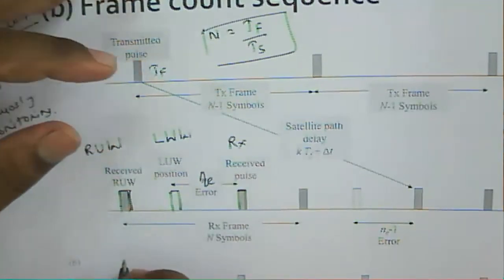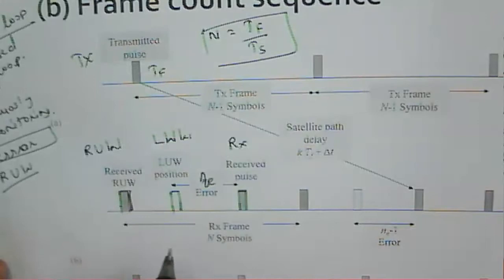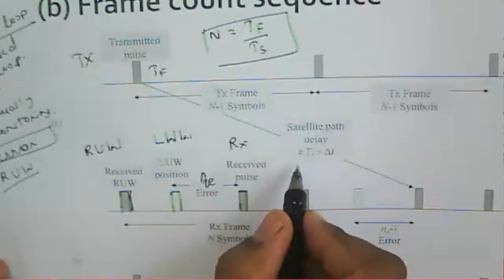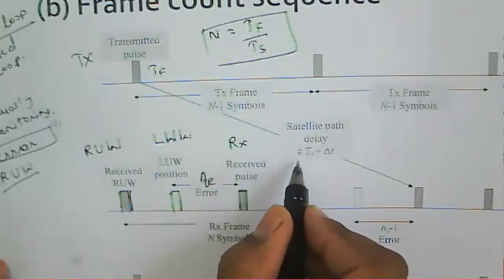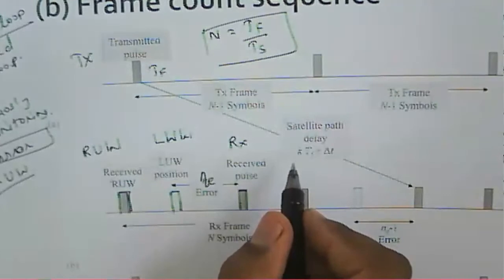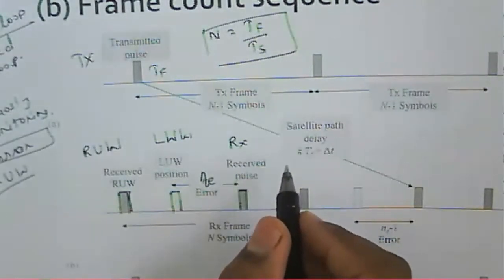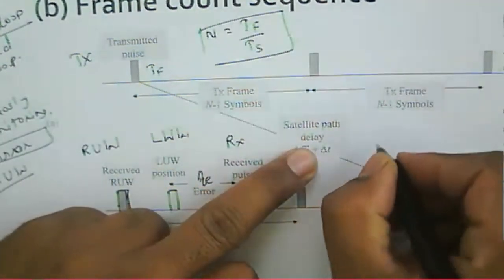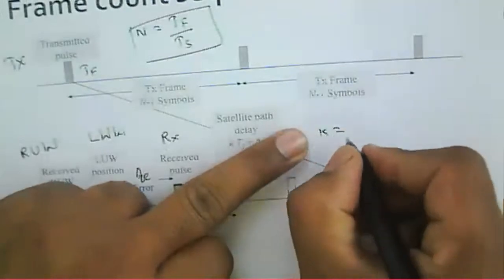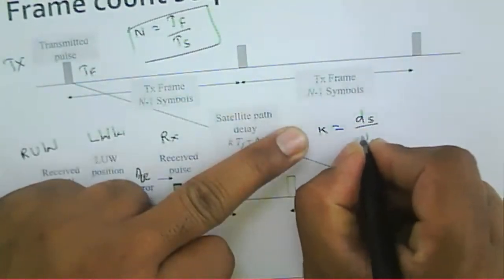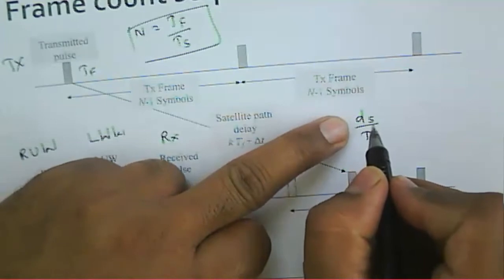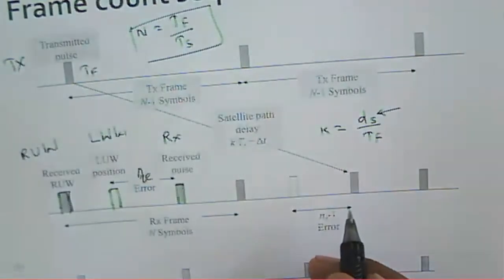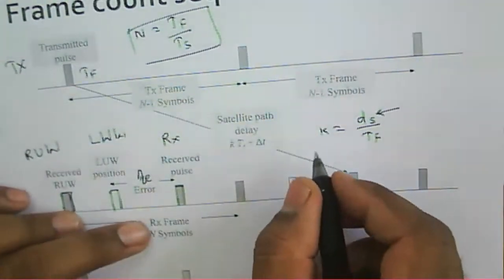So we can consider that the satellite path delay is K TF, that is K frames, and K can be obtained as K equal to DS by TF, where DS is the satellite round trip delay and TF is the frame period.